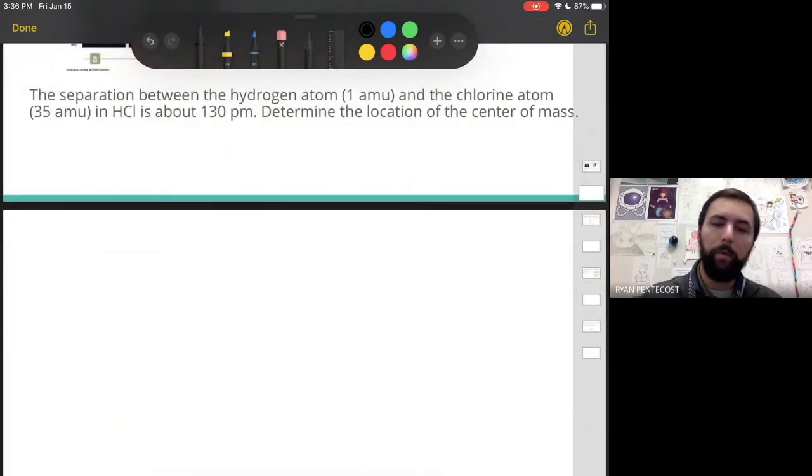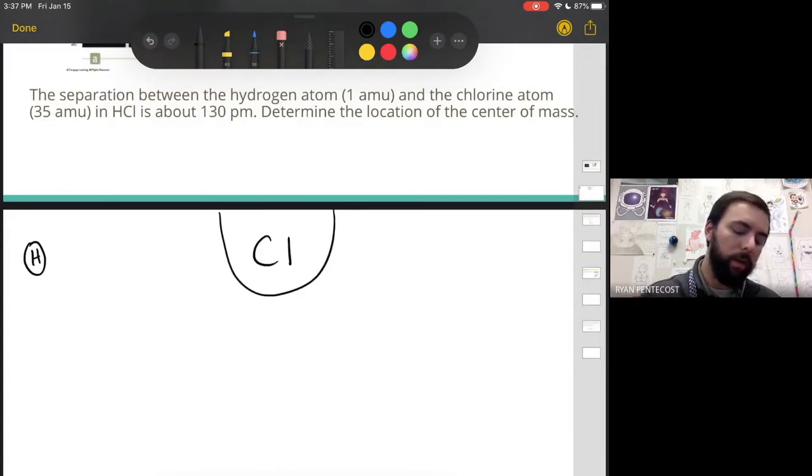Our first example is the separation between a hydrogen atom and a chlorine atom in hydrochloric acid, or HCl. So we have hydrogen, really small. It's at a mass of 1 AMU. That stands for, what is it? Atomic mass unit. Then you've got Cl that is really big compared to hydrogen. It's 35 times bigger. It's 35 AMUs.